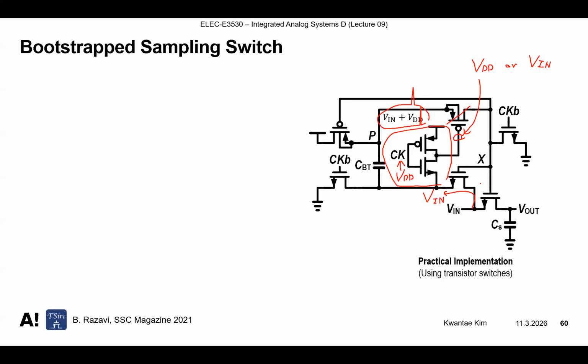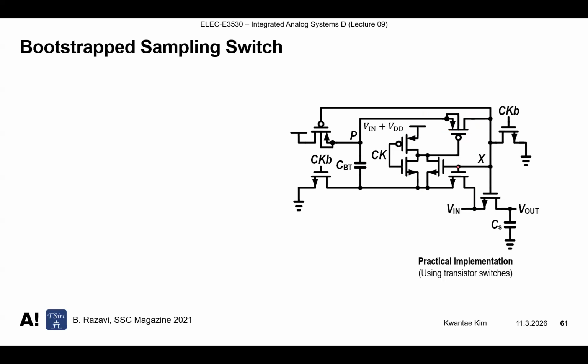If V-in is very close to VDD, then this transistor, again, will not be turned on. So we put another transistor whose gate is connected to the Vx node, which is as high as V-in plus VDD. So this PMOS gate can be fully driven to either V-in or VDD values.